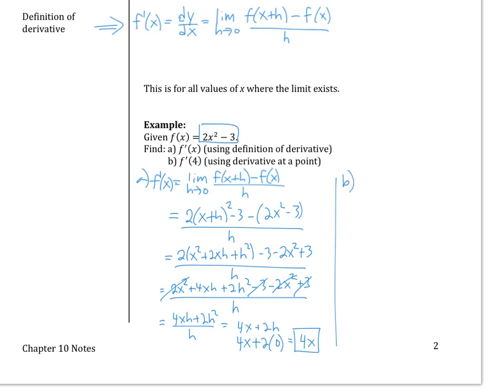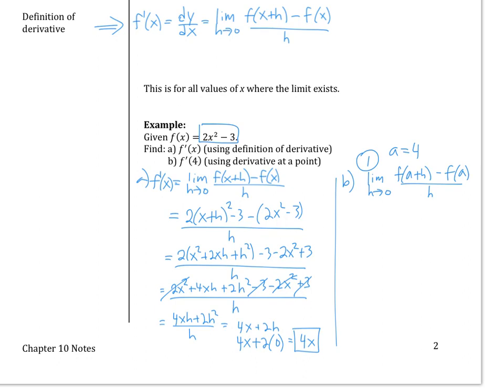There are two ways to do this. The first one is the long way. We're going to take the formula that I want you to memorize, the limit as h goes to 0 of f of a plus h minus f of a, over h. Wherever you see an a, you're going to use 4, because that's the point where you want to find the derivative.